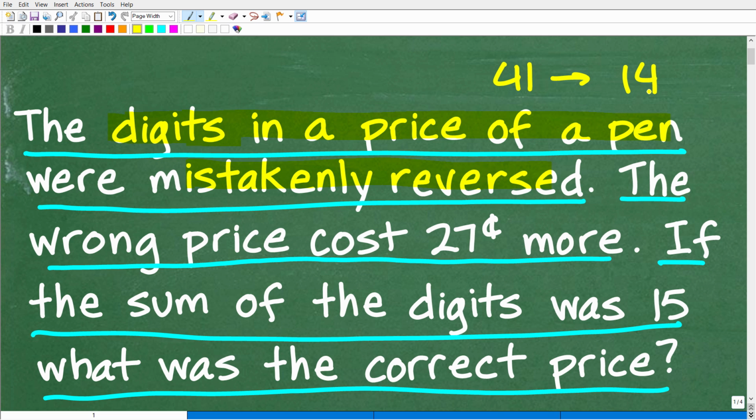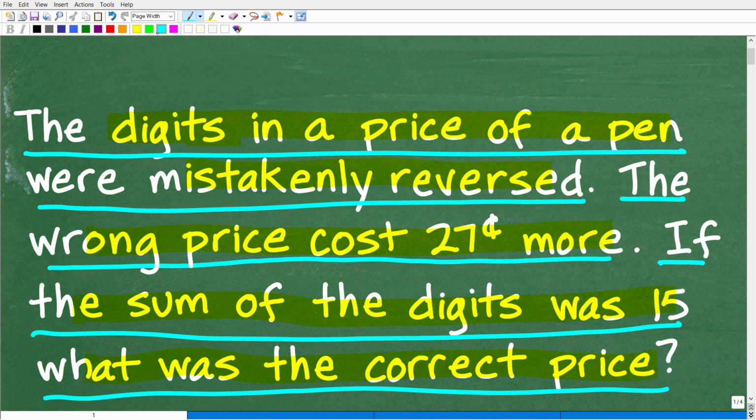So that's what it means to reverse the digits. The digits of the price of this pen were mistakenly reversed, making the wrong price cost 27 cents more than the actual correct price. Now, if the sum of the digits was 15, what was the correct price of the pen?